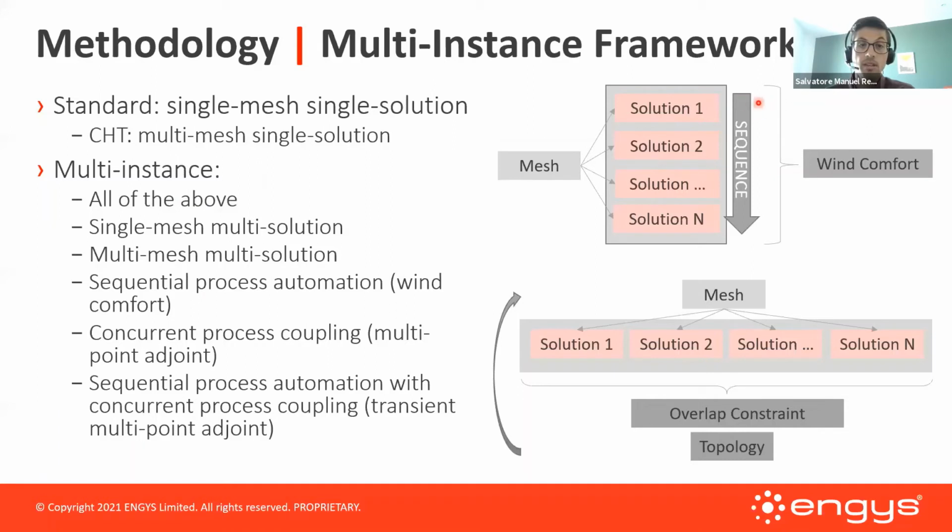And this is what is done, for example, in the case of the wind comfort study. Or concurrent process automation. For example, we use this for the multi-point join, where mesh and solutions run concurrently. And after that, sequential process automation with concurrent process coupling. We use this for the transient multi-point join. So we can go from here to here.